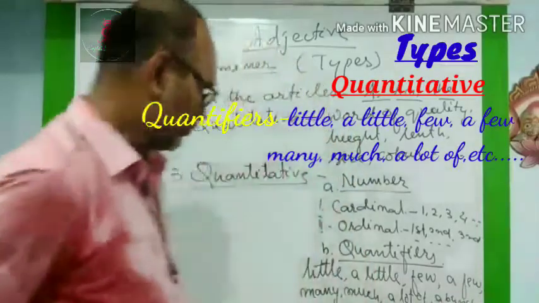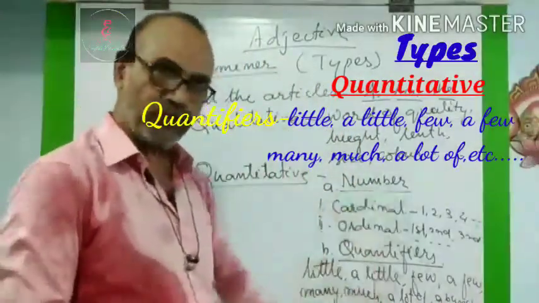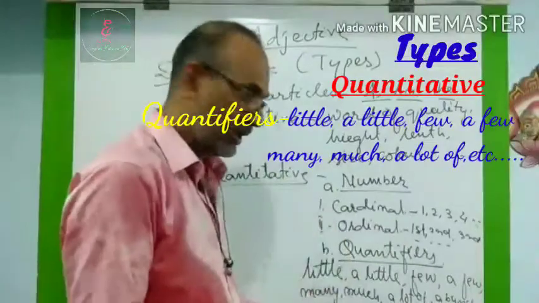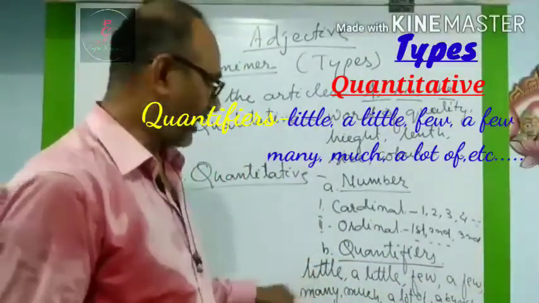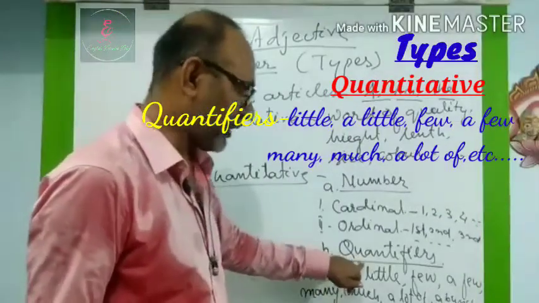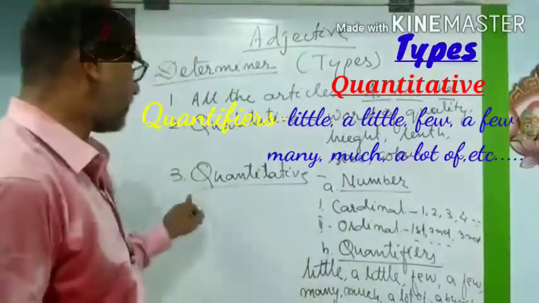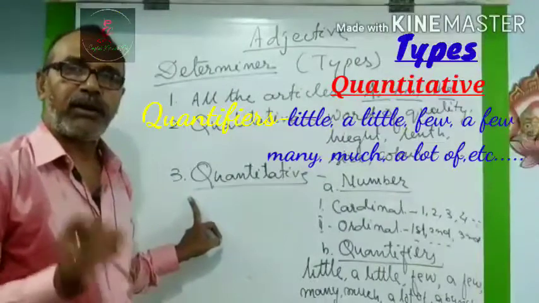Any such word, if used before any noun, whether a phrase or a word, that denotes the quantity of that noun, is known as a quantitative determiner.